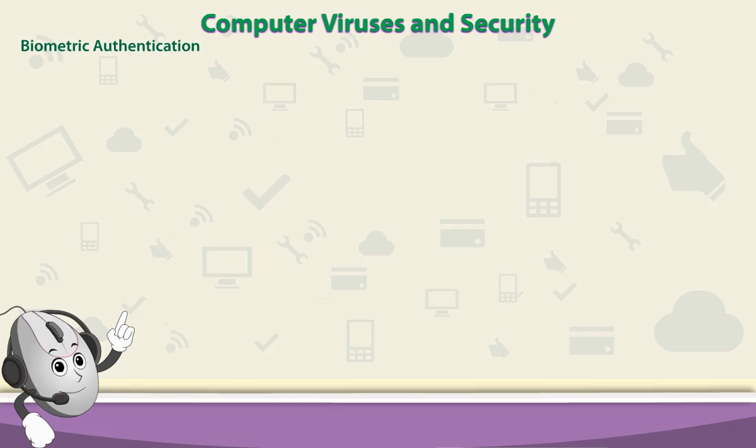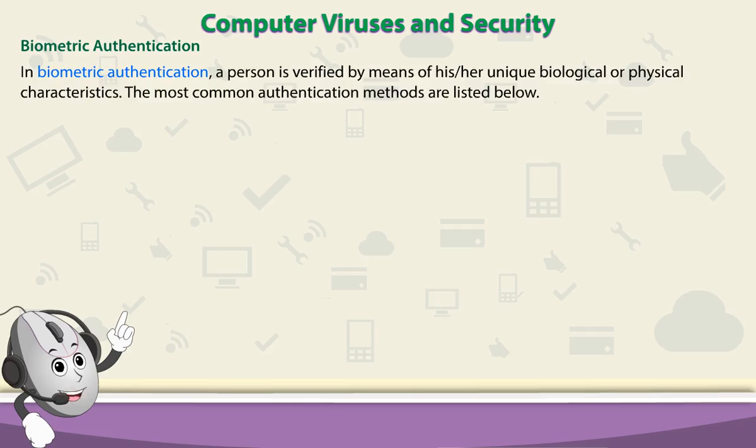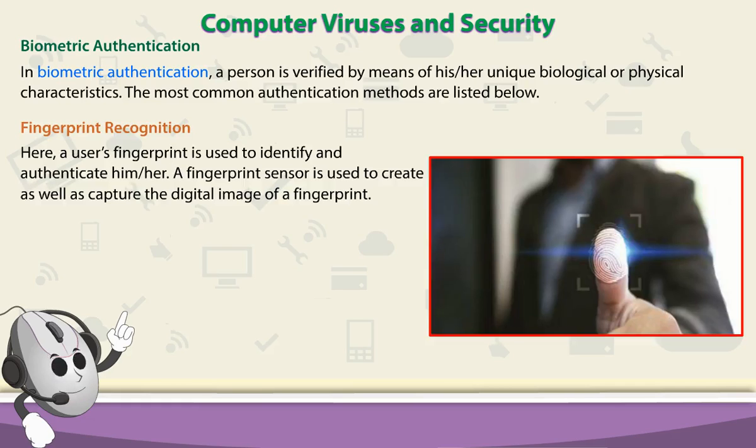Biometric authentication. In biometric authentication, a person is verified by means of his or her unique biological or physical characteristics. The most common authentication methods are listed below. Fingerprint recognition. Here, a user's fingerprint is used to identify and authenticate him or her.